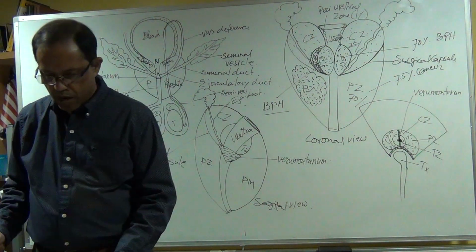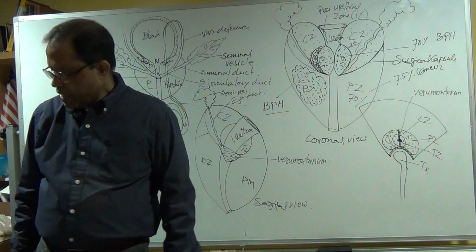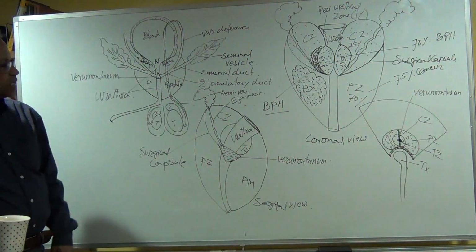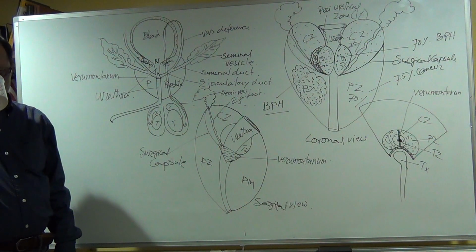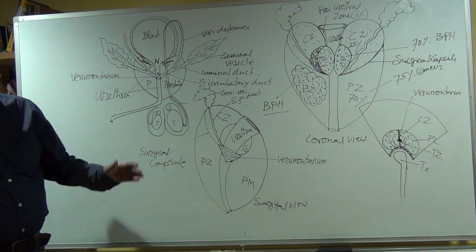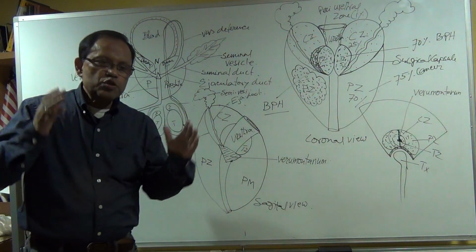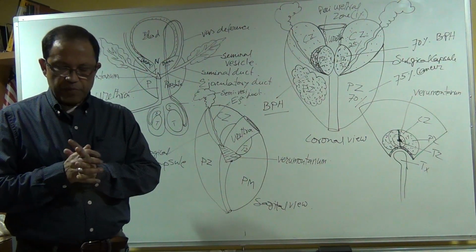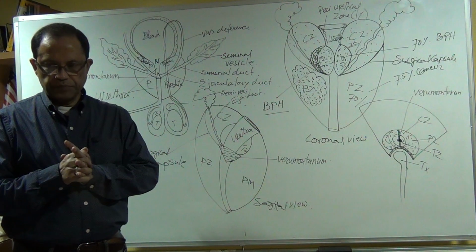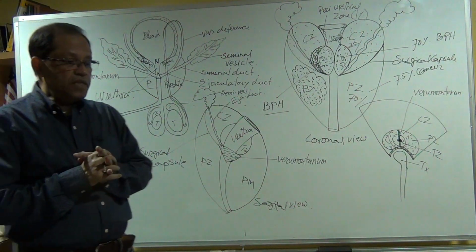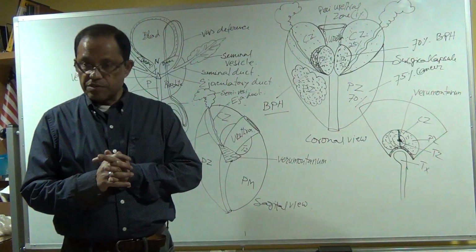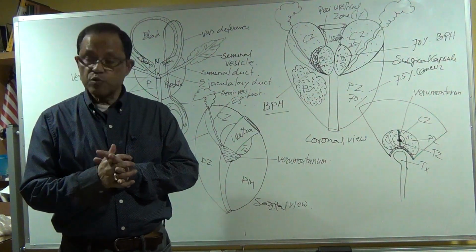Okay, now if somebody has a prostate gland problem, the most common is BPH, benign prostatic hyperplasia. Besides this, there is another disease called prostatism or prostatitis.